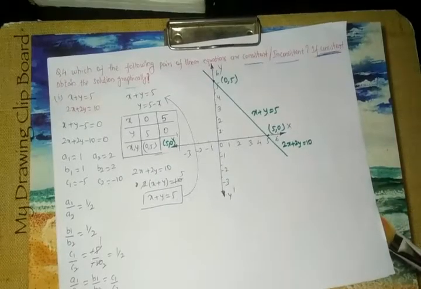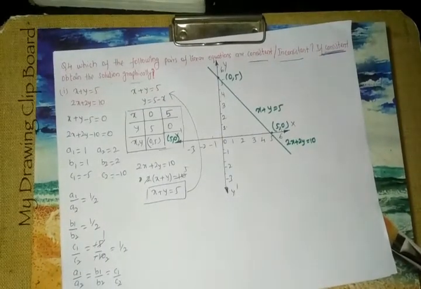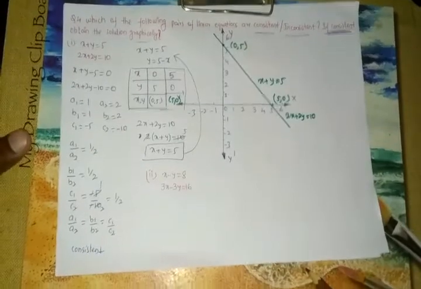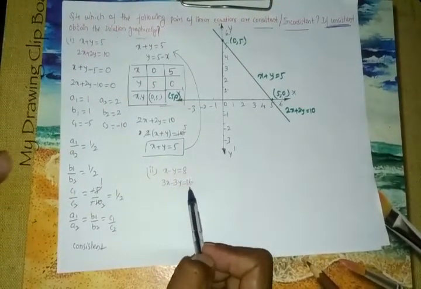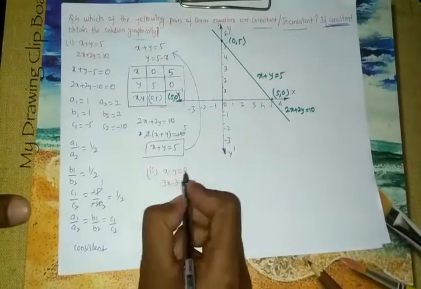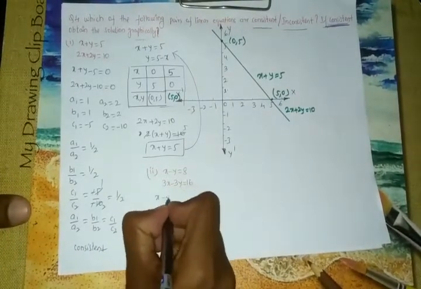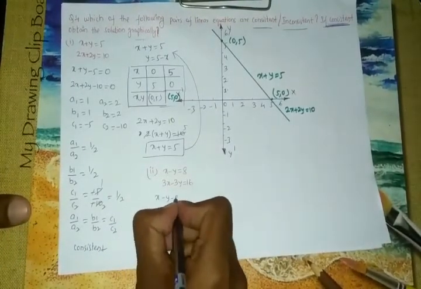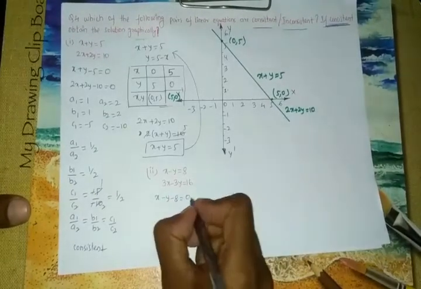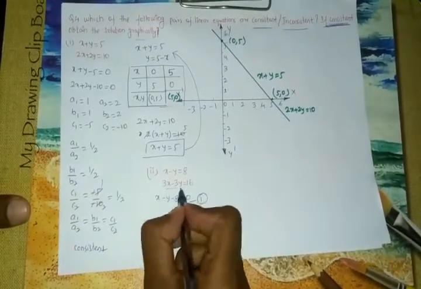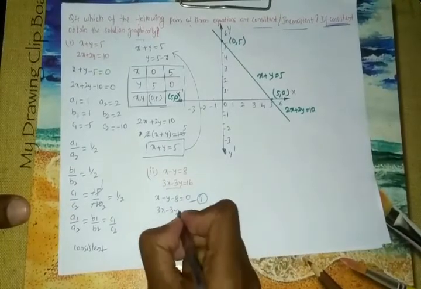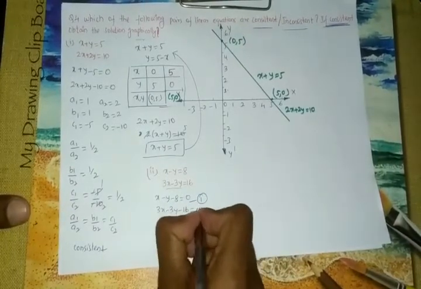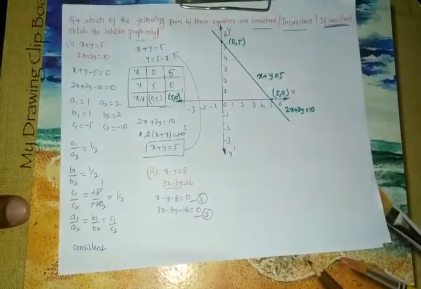Second, x minus y equals 8 and 3x minus 3y equals 16. Let me write in standard form. x minus y, bring 8 to the LHS, it will be minus 8 equals 0, call this equation 1. And 3x minus 3y, bring 16 to the LHS, it will be minus 16 equals 0, call this equation 2.